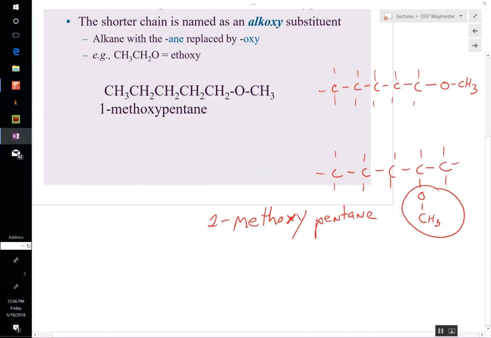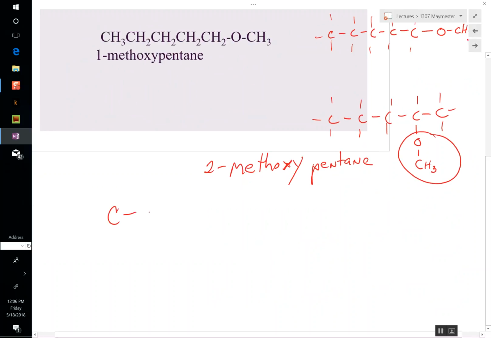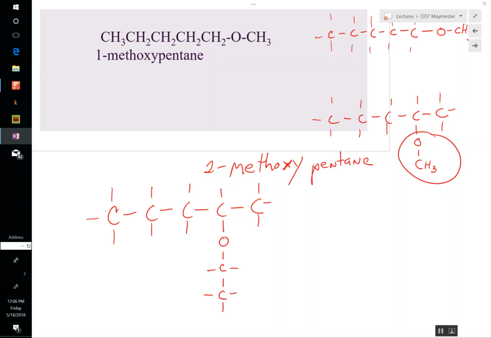If that's a methoxy group, let's stick with our 5-carbon molecule right here, and you name this one. All right? Think about this. Remember, we're trying to be systematic. If that is a methoxy, that methyl with an oxygen, what is this? Ethoxy. This is an ethoxy group.